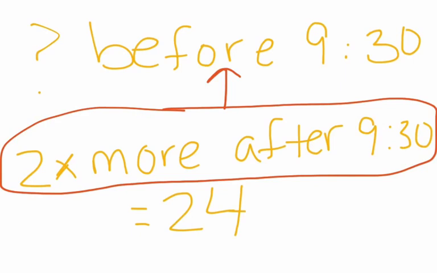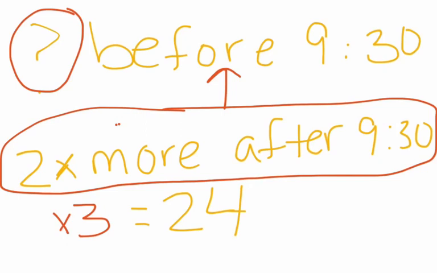If this section right here is 2 times more than the section above, then this section only has 1 piece of 24 and this section has 2 pieces. So if I split 24 into 3 pieces, basically asking what times 3 equals 24, I'm going to get an answer of 8.